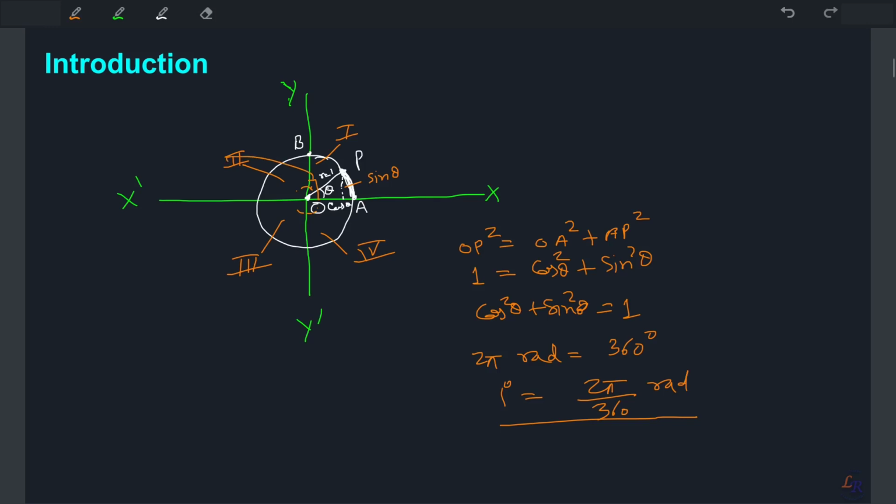So pi by 2 is also what we call a quadrantal angle.